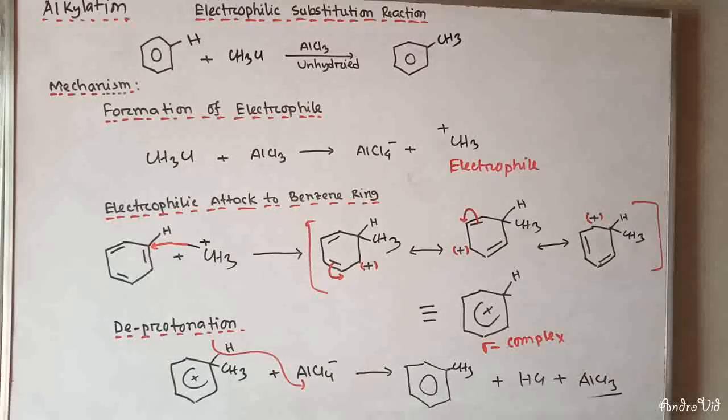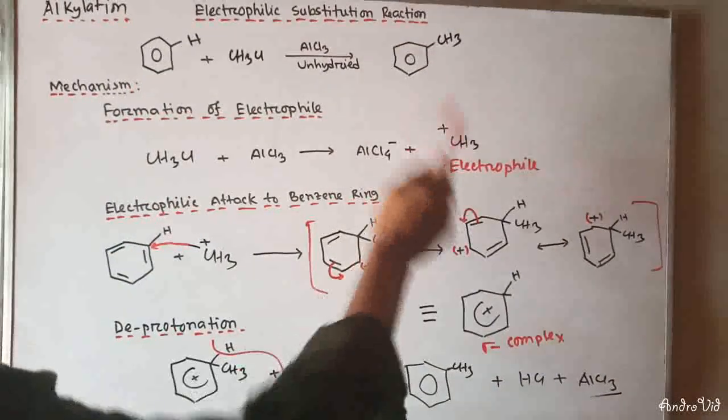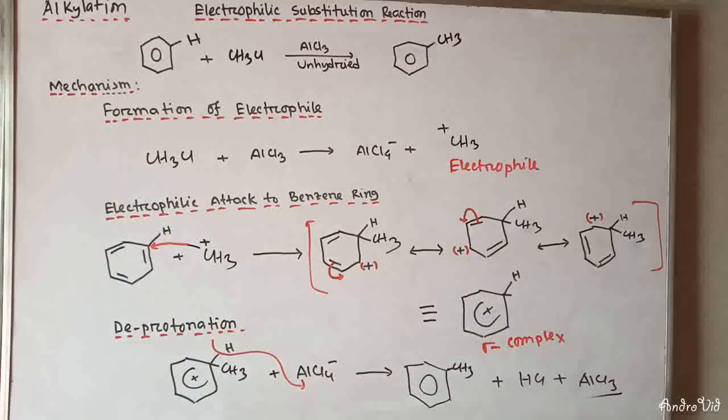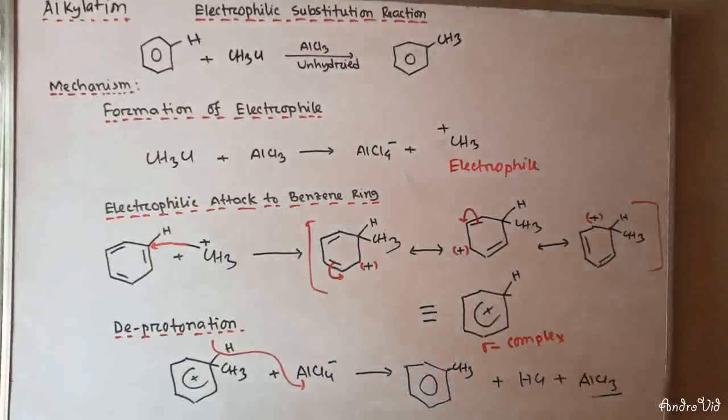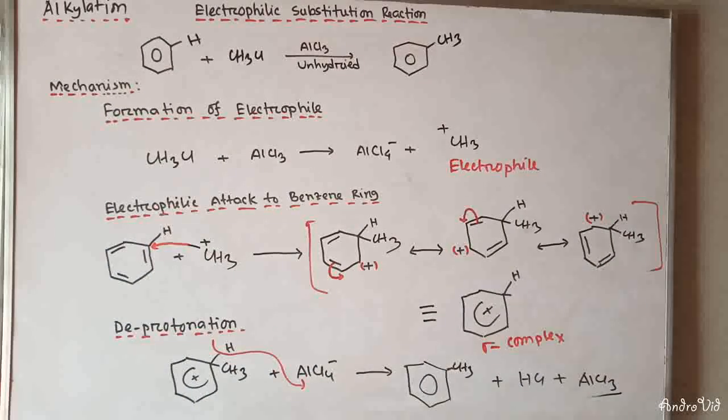The mechanism of acylation and chlorination should be the same, top to bottom the same, just like alkylation. There is just a change in the electrophile. In the case of alkylation, you know the electrophile is methyl plus, but in the case of acylation, the electrophile is CH3CO plus, acyl plus. Just replace CH3 by CH3CO.